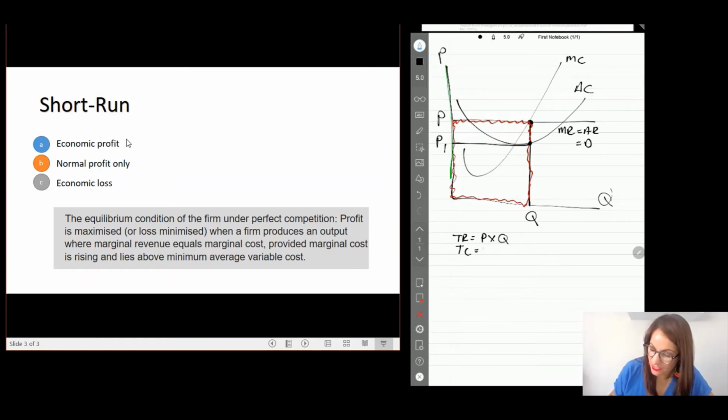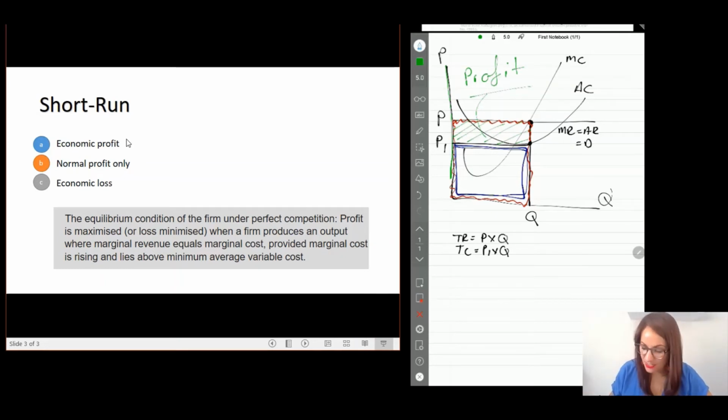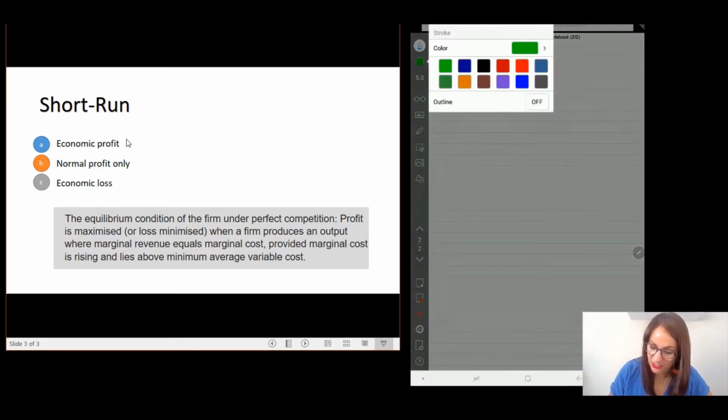That is where P1 times quantity is your cost, so your cost is this purple block here. If you take the red block of your total revenue and subtract the purple block, you are left with this area here, and this is your profit area. In the next graph, we're going to look at normal profit.